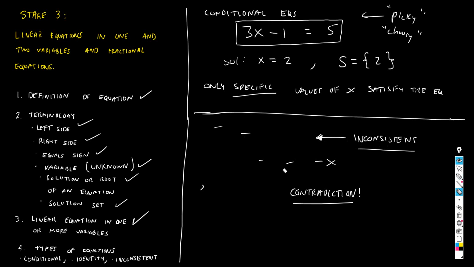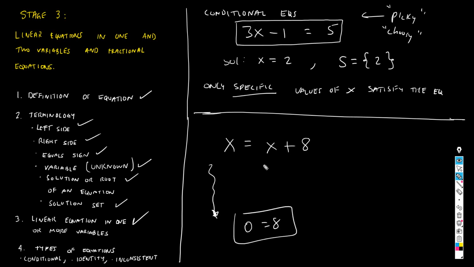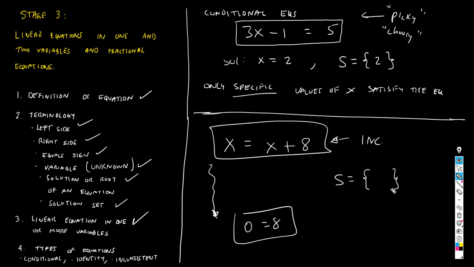Oh, and by the way, if it's an inconsistent equation, that means that the solution, okay, let me write it down again. If I tell you, guys, please solve this equation, and you work it out, and you go like, teacher, we arrive at a contradiction, so this is an inconsistent equation, and your solution set is nothing.